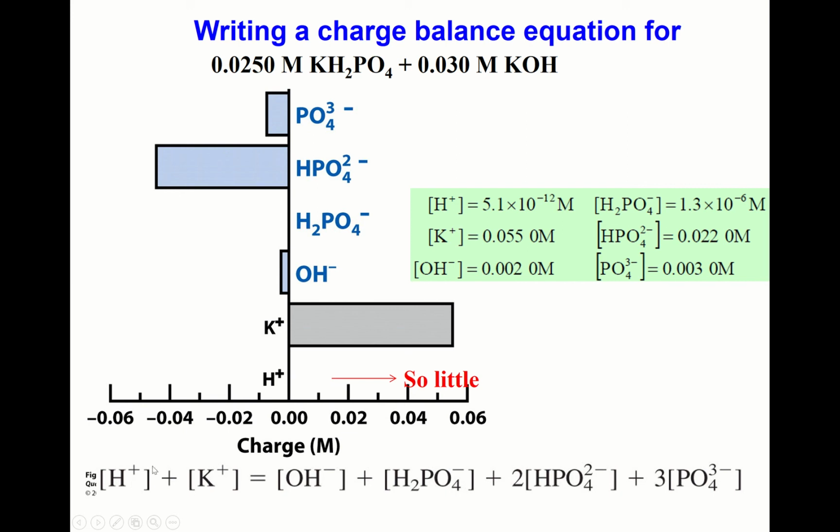So on the left side, the total cation concentration is about 0.055 molar. What about the right side? This one 0.002 plus this one, this much, and this one multiplied by 2, and this value multiplied by 3, and then you get exactly 0.055 molar.